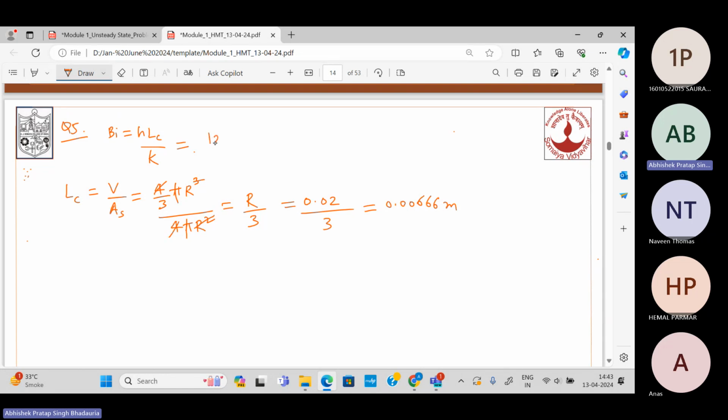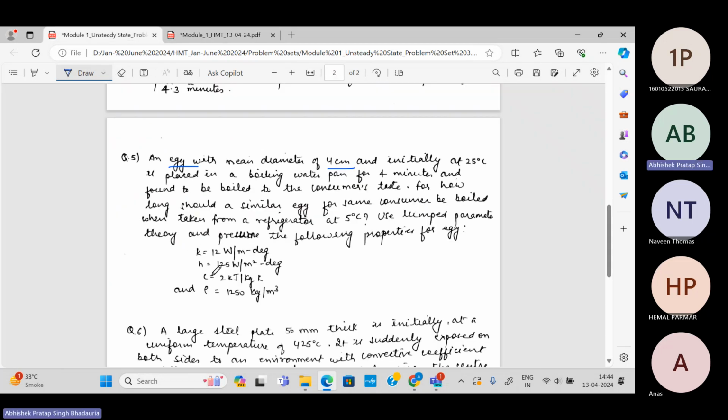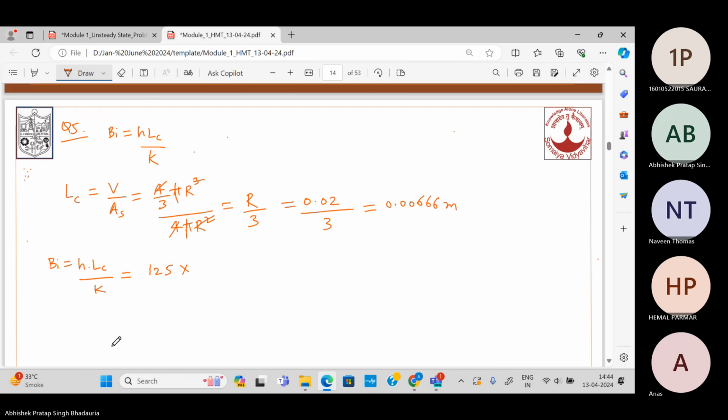So h Lc by k. h is 125. Okay, so just a minute. I will calculate this Biot number below. Biot number is h Lc by k. So h is 125, the calculated value of Lc is 0.00666, divided by thermal conductivity.